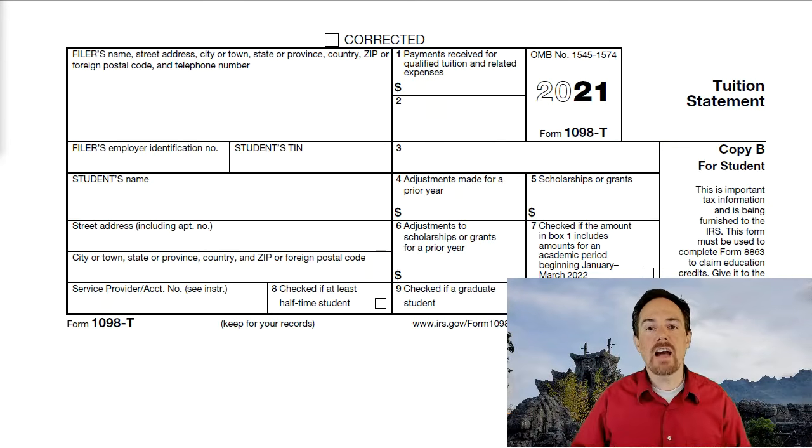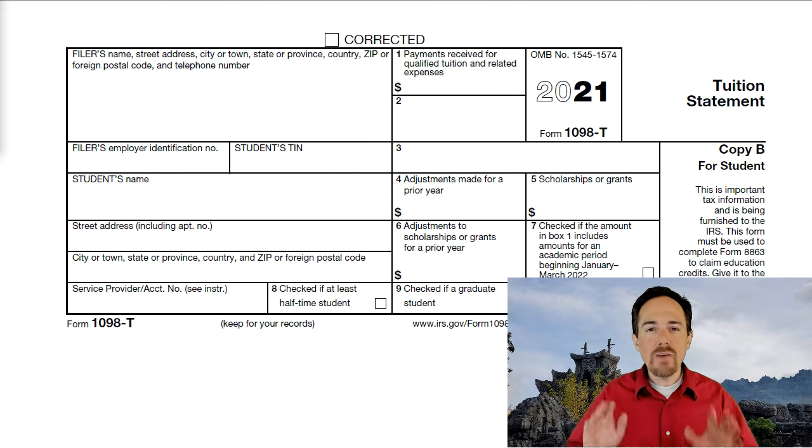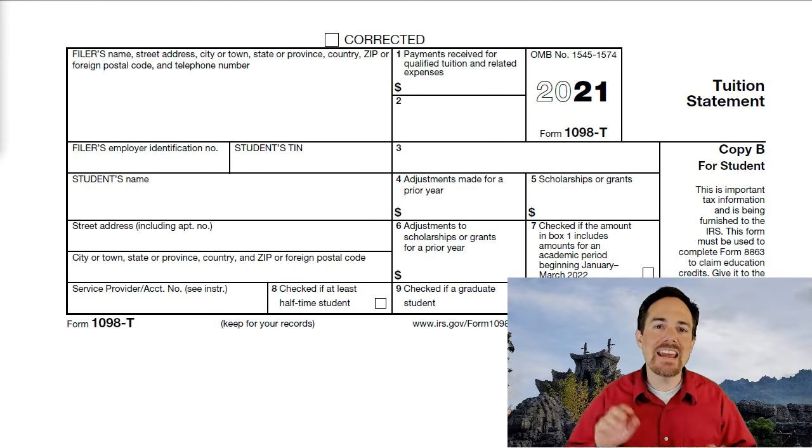Now, I want to show you what this form looks like really quickly. And some of you may be asking, how do I get this 1098-T if my college or university didn't even give it to me? So if you don't have one, go ahead and Google the name of your college or university and Form 1098-T. That should link you to your financial account page with your college.